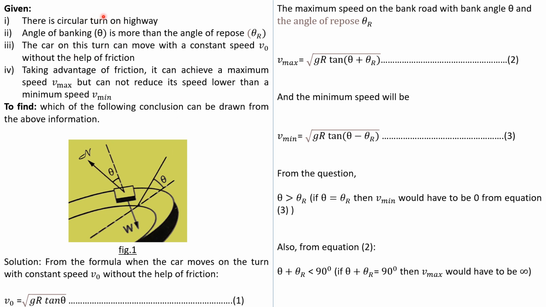Let us say angle of banking was theta and theta r was the angle of repose. And V0 is the speed without the help of friction.